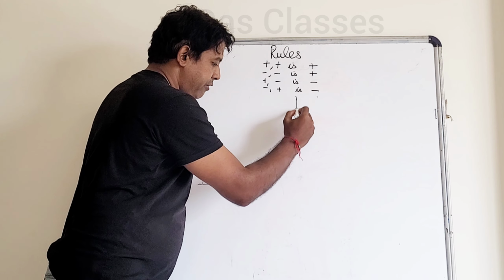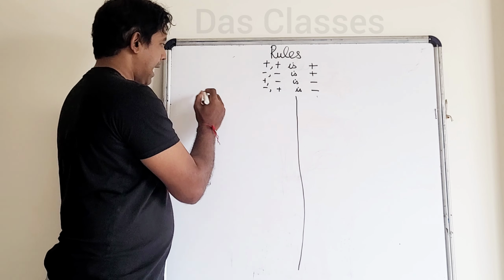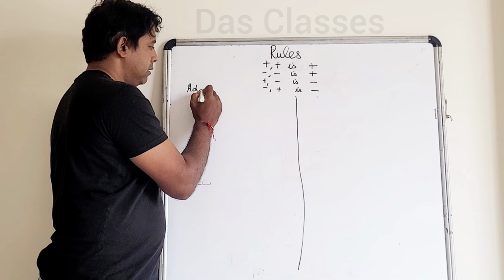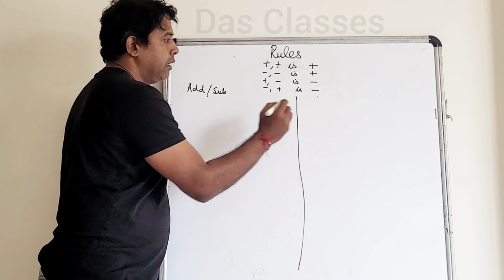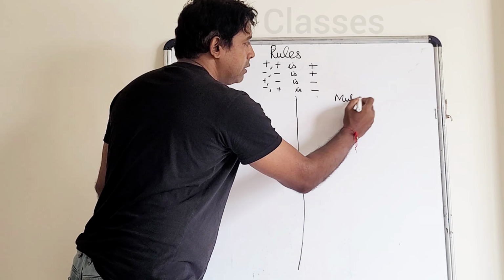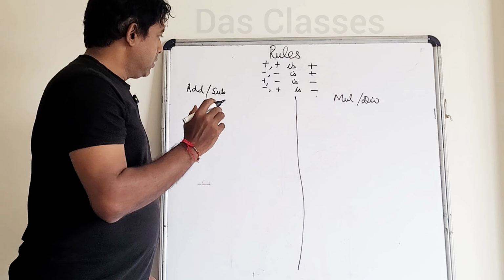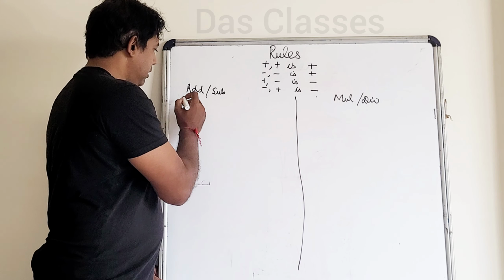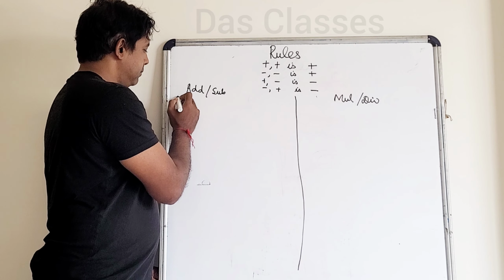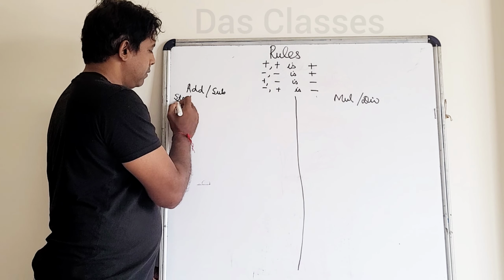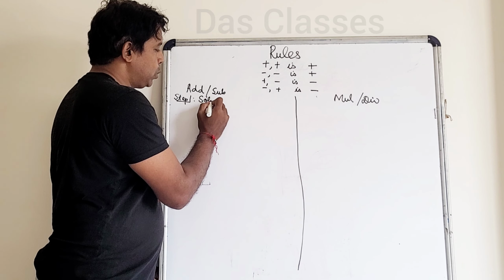Now we are going to differentiate between addition, subtraction, and multiplication and division. To solve addition and subtraction, there are two steps. Step 1, solve according to rule.